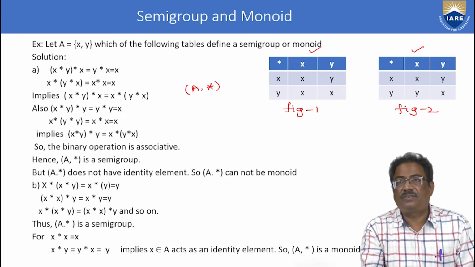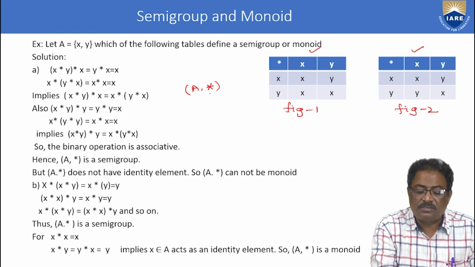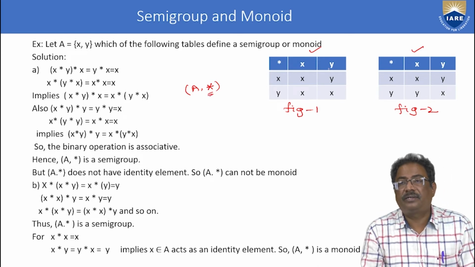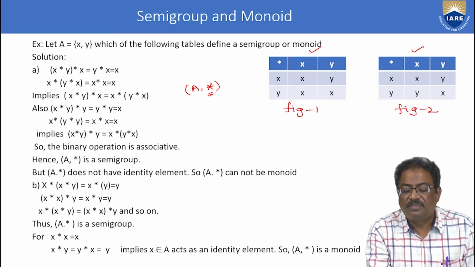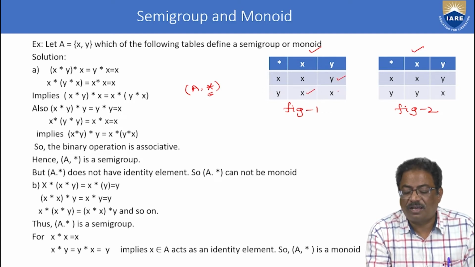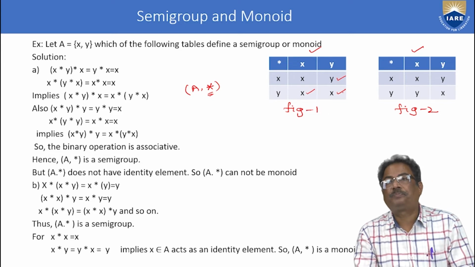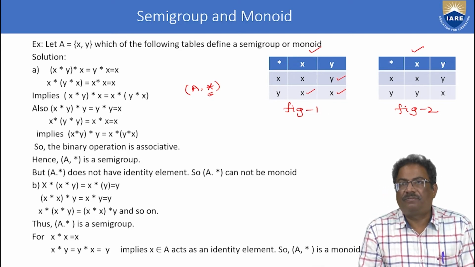The binary operation is defined in the table: X * X = X, X * Y = Y, Y * X = X, Y * Y = X. This is given in the table itself.